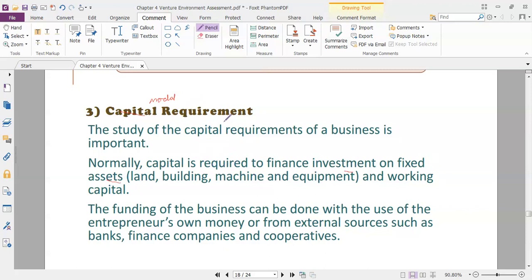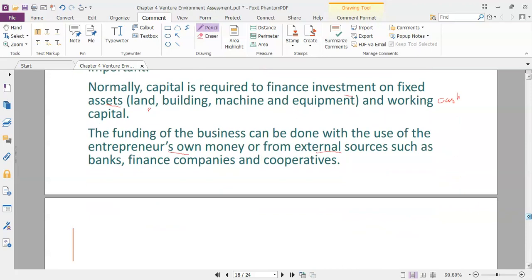Capital is important to invest in, for example, to buy the land, to buy the building, machine or equipment that we need to produce the product, and working capital. Working capital is cash. The funding of the business can be done with the use of the entrepreneur's own money or from external sources, such as banks, finance companies and cooperatives. That is a capital requirement.